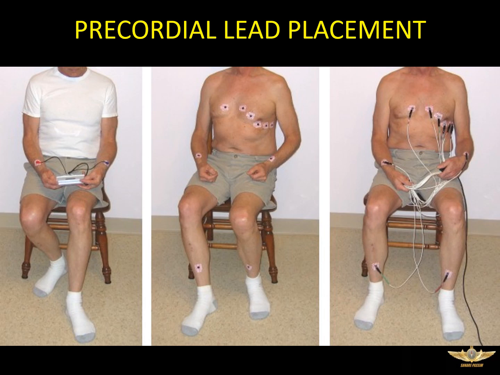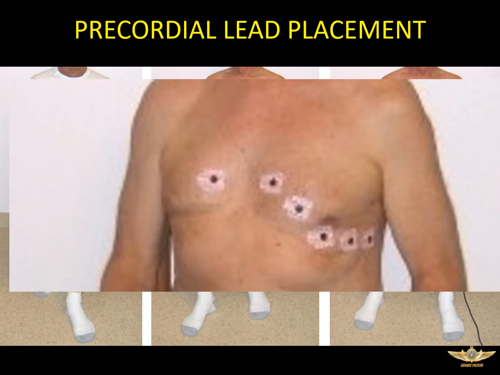So here we see a patient who actually has skin on his chest, which is going to be much more common in your patients. We will pull up his picture, and you'll see right here the 4, 5, and 6 are right at what we call the inframammary fold.